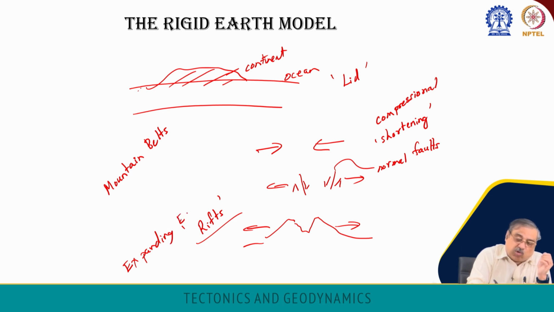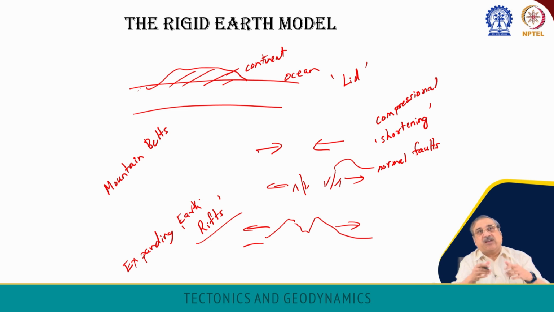Now, although they talked about an expanding Earth and a contracting Earth, when you are talking about a contracting Earth, the idea was the Earth itself was becoming smaller. The expanding Earth, on the other hand, was thinking of the Earth increasing. In that case, you need not have large scale movements on the Earth's surface.